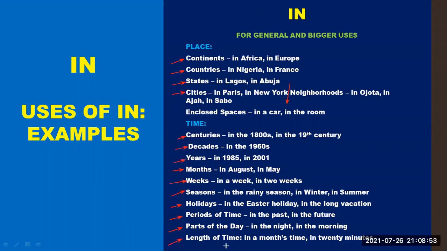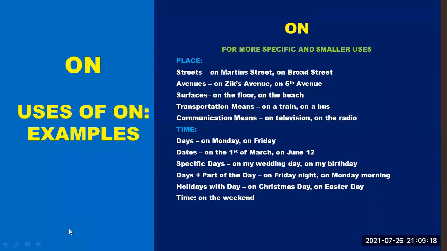Talking about length of time, you can say in a month's time or in 20 minutes. All right, so those are the uses of in. All right, so let's erase this and then we go to the next page and look at the uses of on with examples.